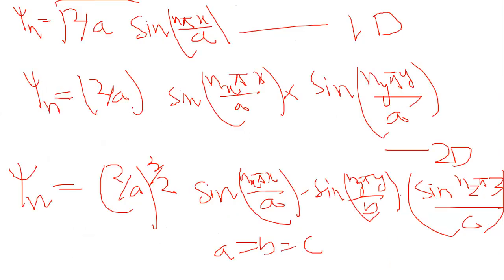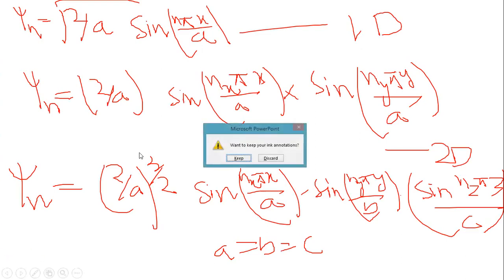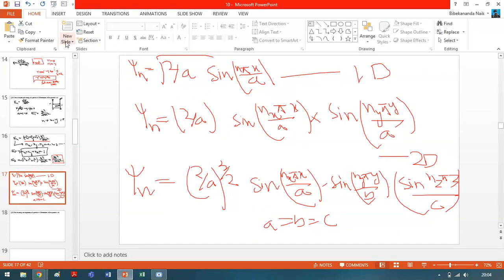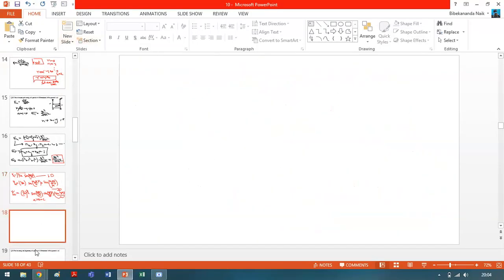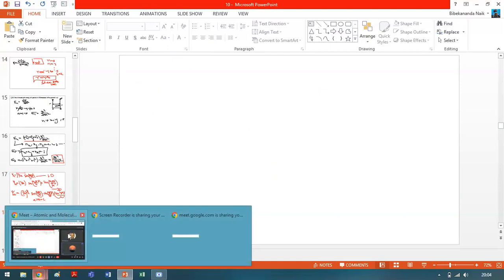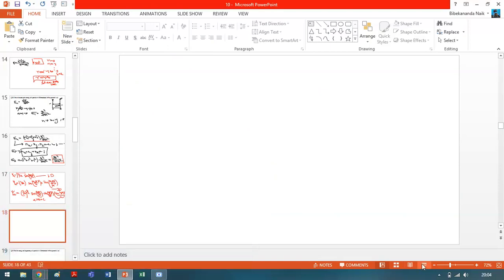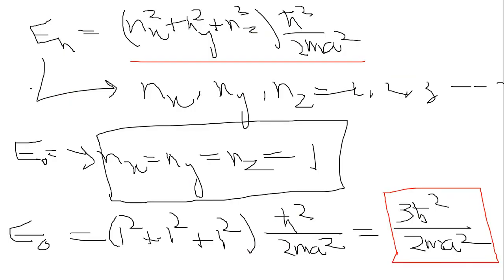So this is the ground state energy of a particle present in a three-dimensional infinite potential box, that is 3 h cross square by 2m a square.